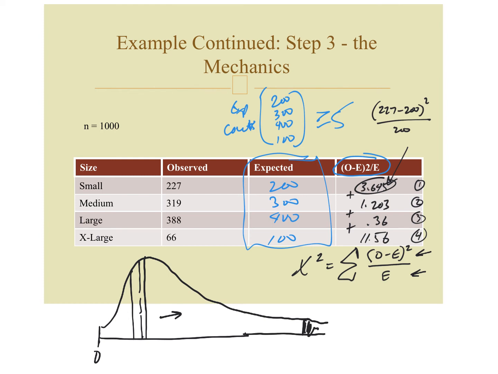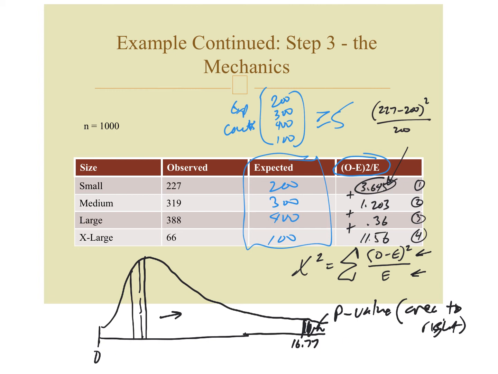And so what ends up happening is the p-value here is always the area to the right of what these all added up to. So in this particular problem, the chi-square value ended up being 16.77. So the value on the axis here is 16.77.